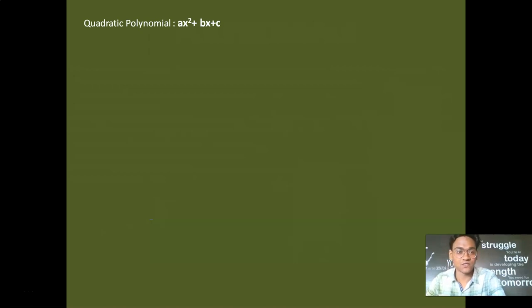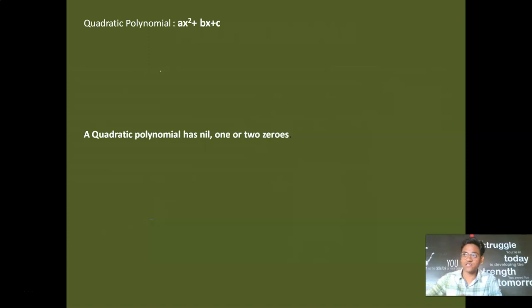Let me show you. Here you can see a quadratic polynomial has nil, 1 or 2 zeros. Okay, students, let me explain to you what this is. As I told you, a linear polynomial can have 1 zero only.